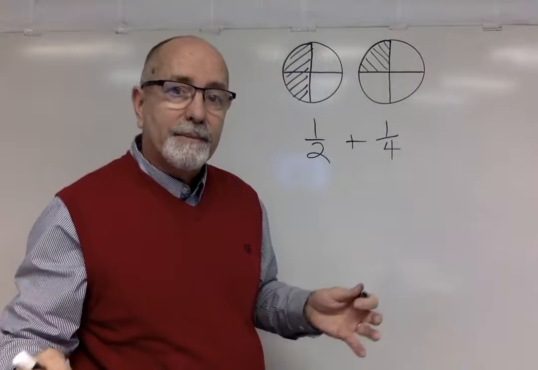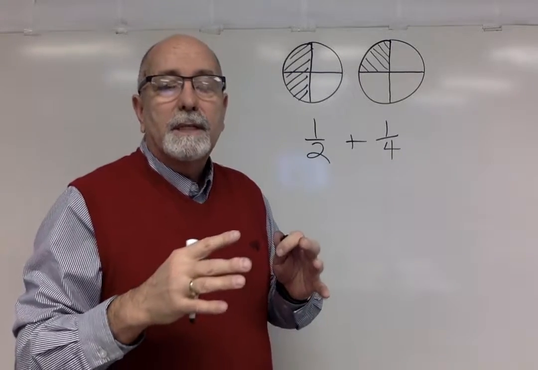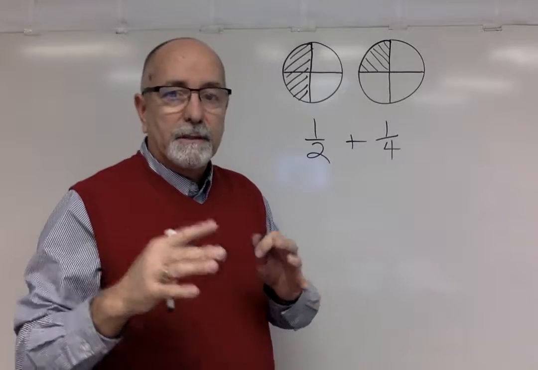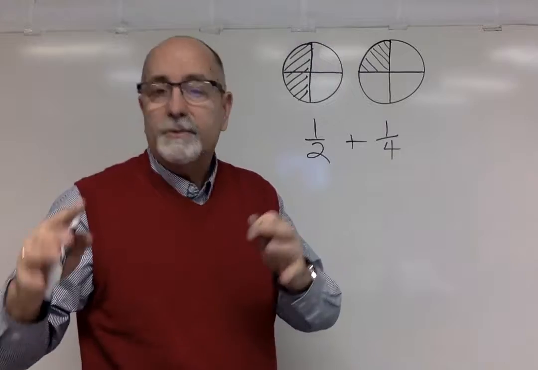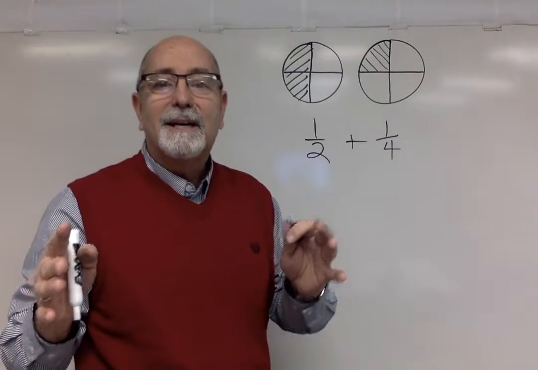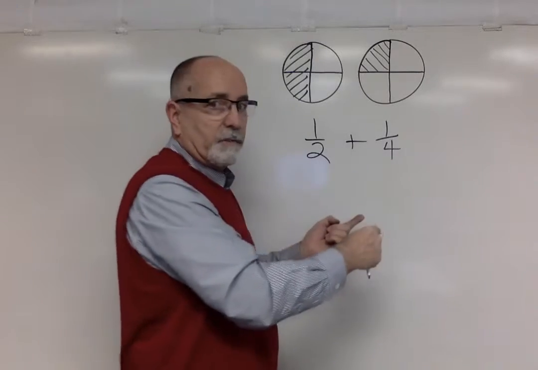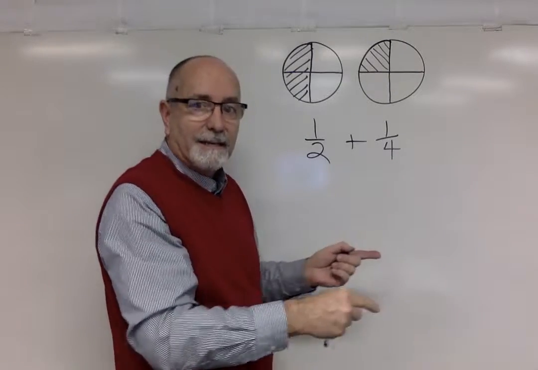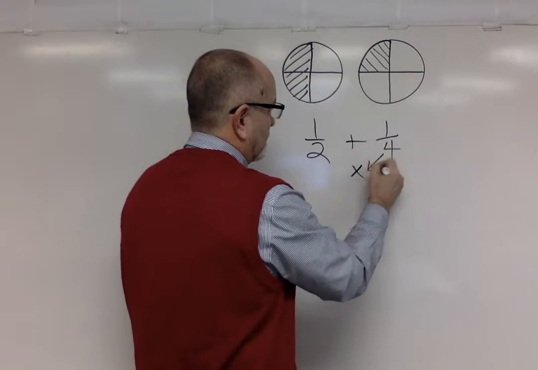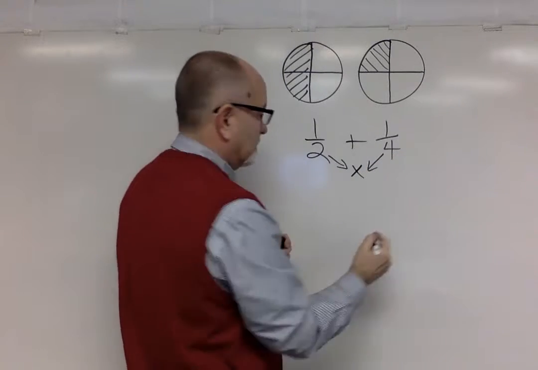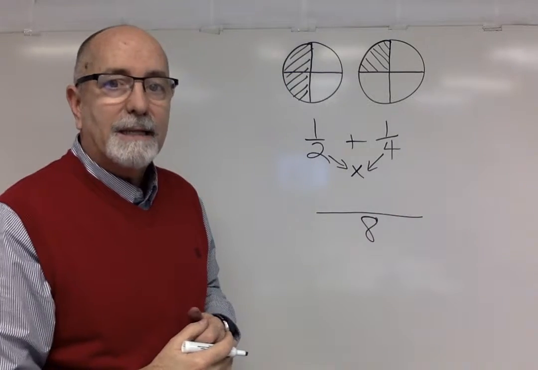And that's what a common denominator has to be. The factors have to be parts of the multiple. So if these two are factors of a multiple, that is a common denominator. So what is 2 times 4? 8. And that is my common denominator that I can use now.